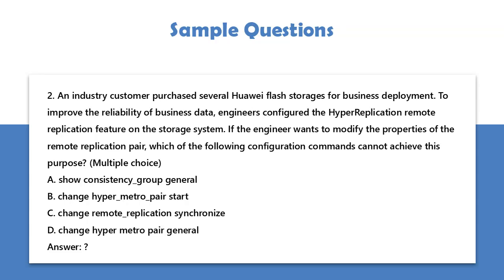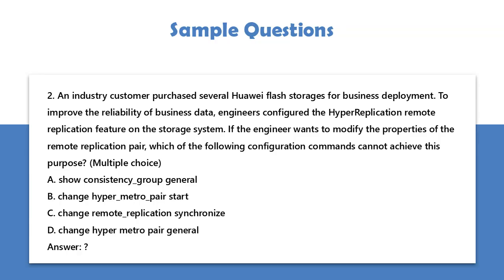2. An industry customer purchased several Huawei flash storages for business deployment. To improve the reliability of business data, engineers configured the Hyper-Replication Remote Replication feature on the storage system. If the engineer wants to modify the properties of the remote replication pair, which of the following configuration commands cannot achieve this purpose?